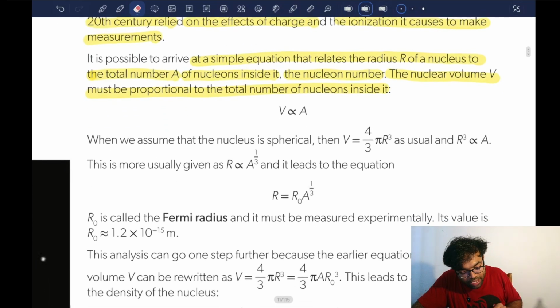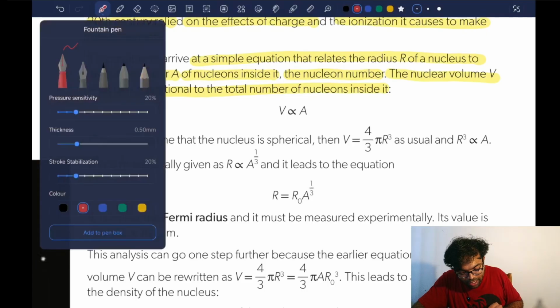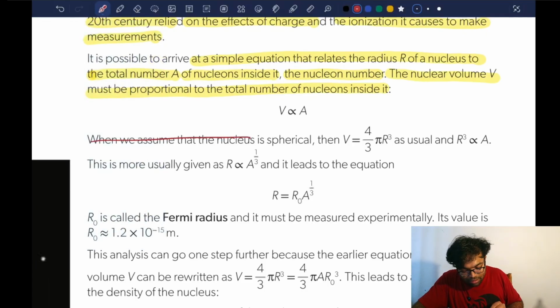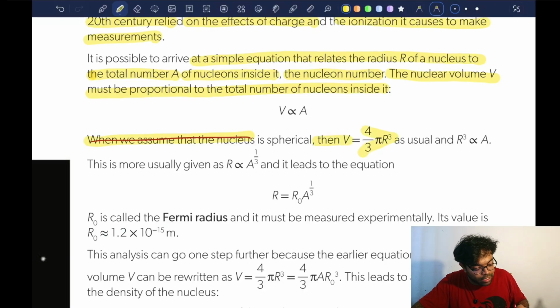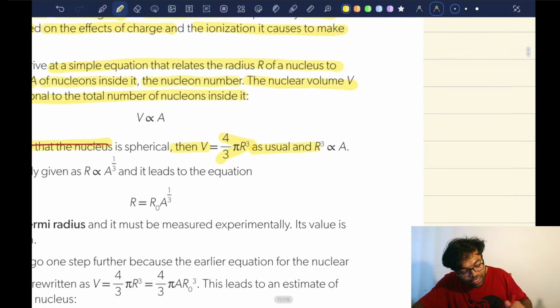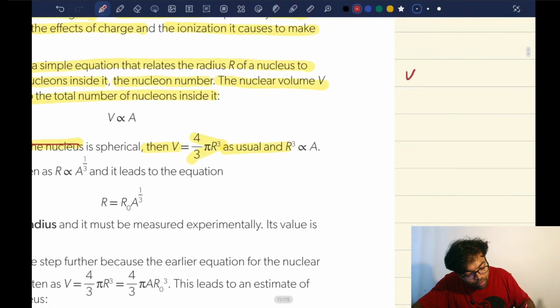So when we assume that the nucleus is spherical, then volume is equal to 4 by 3 pi r cubed as usual, and we know that volume is directly proportional to the number of nucleons.